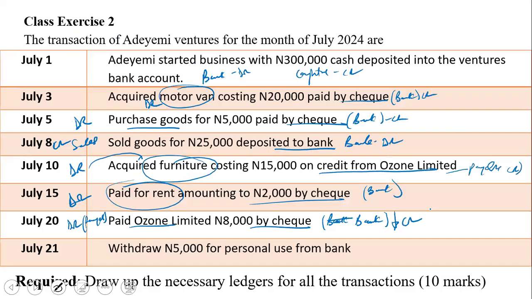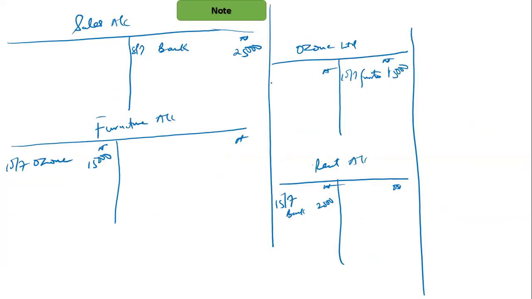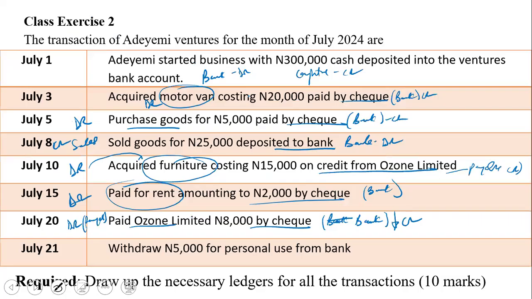On the 20th, 8,000 we are paying Ozone. 20th of July, 8,000, we are paying Ozone, bank. So when I go to the bank, 20, so now come Ozone that way. How much? 8,000.